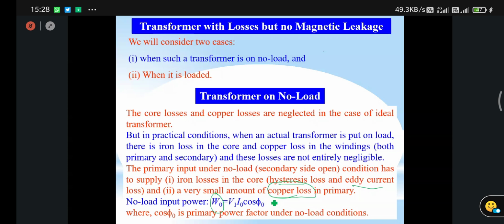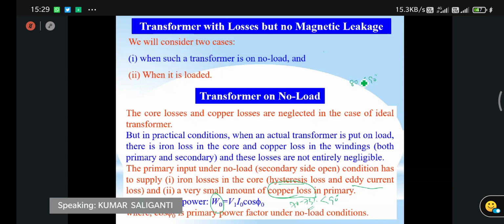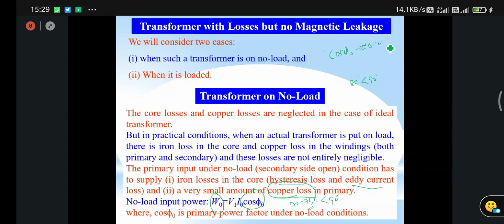Because of the no load current, phi 0 is the no load phase angle, which is around 70 to 75 degrees, less than 90 degrees. Thereby the no load power factor will be approximately 0.2 lagging. This is the most important point: 0.2 lagging.